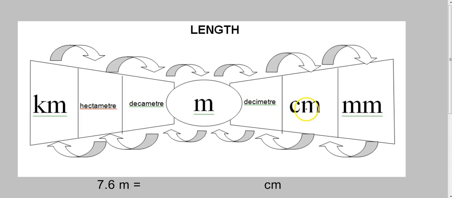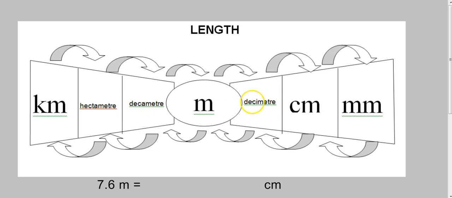Now, we know there's 10 millimeters in a centimeter, but did you know that 10 centimeters makes a unit called a decimeter? A decimeter, you'll recognize DEC comes from the word 10, like decade, decimal. And so consequently, if that's 10 centimeters, 10 of those makes a meter. And then 10 meters is a decameter. Decameter, once again, meaning 10.